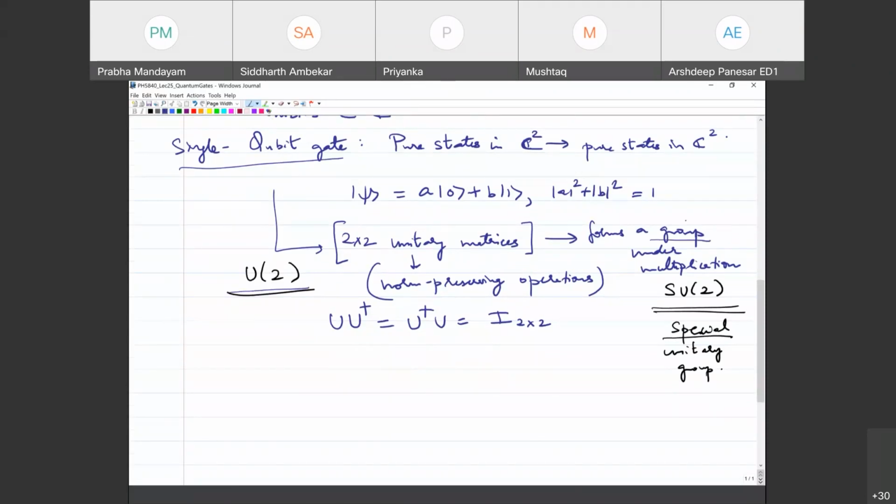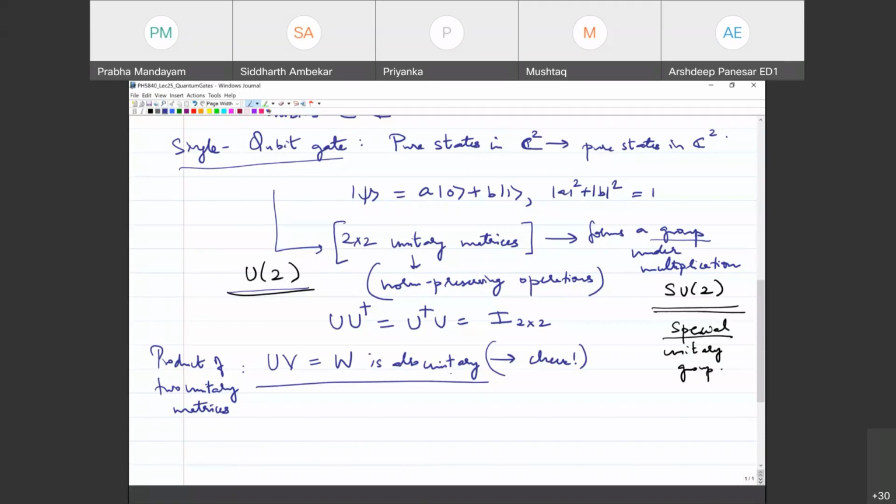So please check that if I take the product of two unitary matrices and I call this W, if both of these are unitary, then W is also unitary, right? So of course, check this if you haven't checked this before. This is what leads to the group property, right?